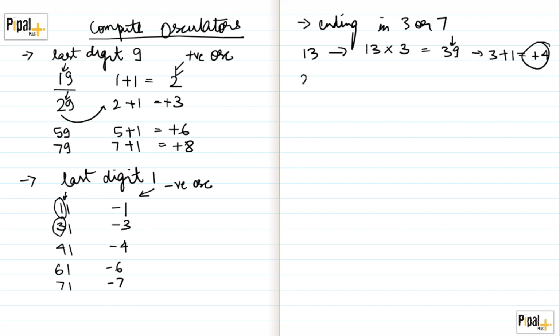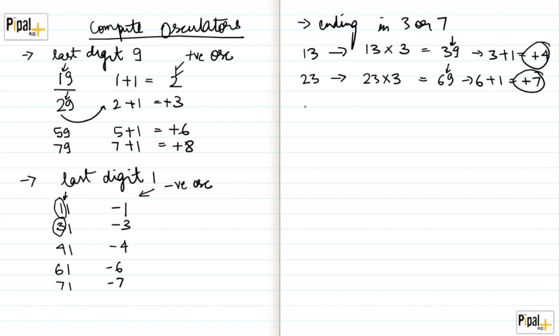Likewise, let's try 23. Straight away I don't know what to do, but I can multiply 23 by 3, and 23 times 3 is 69. I remove the 9, I'm left with 6, I add 1 to it, and plus 7 is the oscillator for 23.